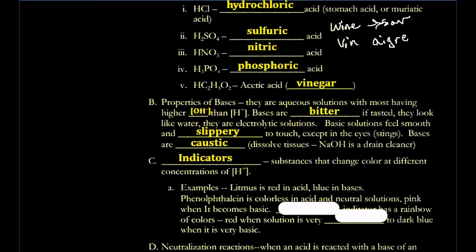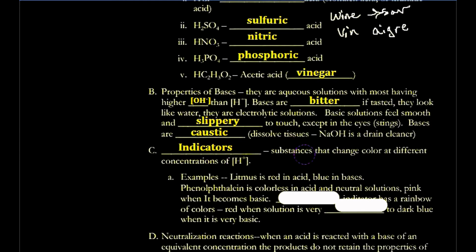Okay, we use indicators when we're dealing with acids and bases, because those are substances that change colors at different concentrations of hydrogen. So for example, litmus is red in acid and blue in bases. And I have a way for you to remember that.